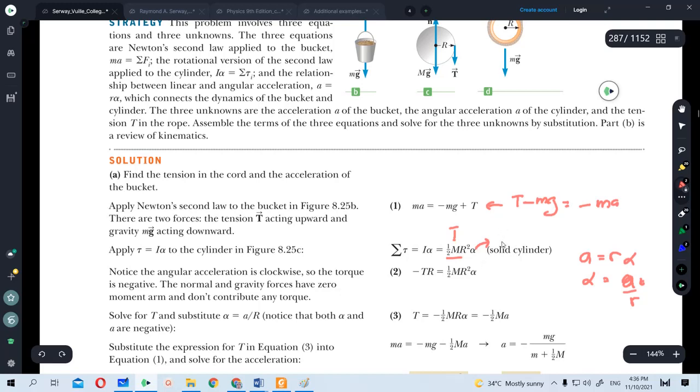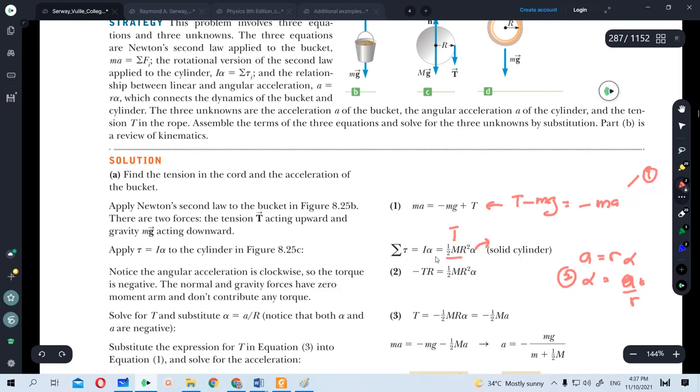With that, let's partially substitute here, or perhaps leave it here. Have a look, because it's not finished yet. This is our equation 1, 2, and then we have another which is coming from the torque itself.